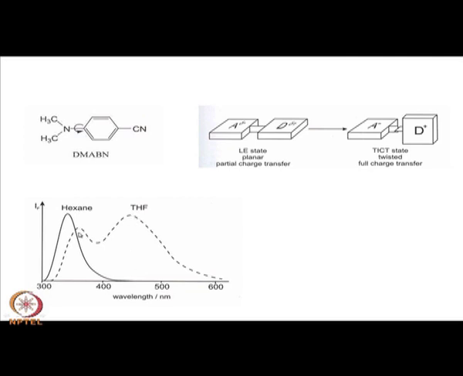There is an enormous shift, from 330 to about 440, or 350 to 450, about a 100 nanometer shift in the spectra. The other band corresponds to the locally excited state, resulting from excitation of ground state DMABN to the excited state DMABN, with no geometrical rearrangement like twisting about a given single bond.